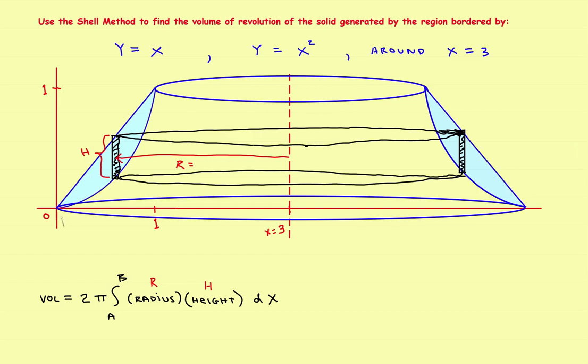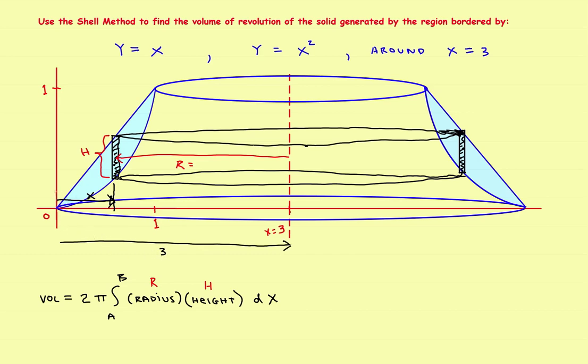Here are the things that you know. The distance from the origin to the edge of your shell, that distance right there, is x. So you're going to go from 0 to x. So the distance from here to here is x. Now the distance from here all the way across to here is 3.